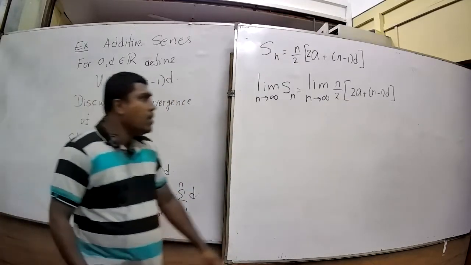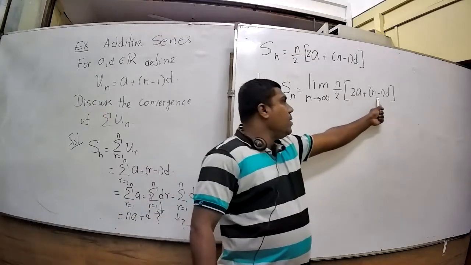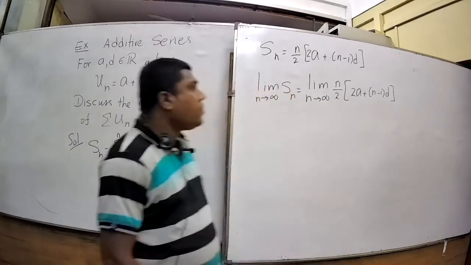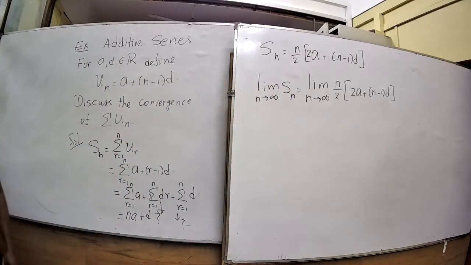But here is the term that says, if that d is positive, then that part goes to plus infinity. If that d is negative, then that will be the dominant part, because you get n and n squared, right?